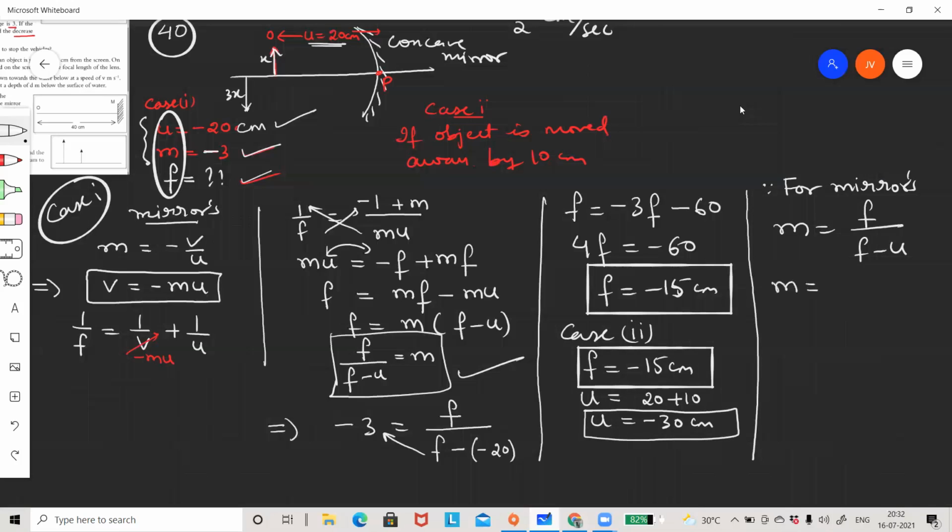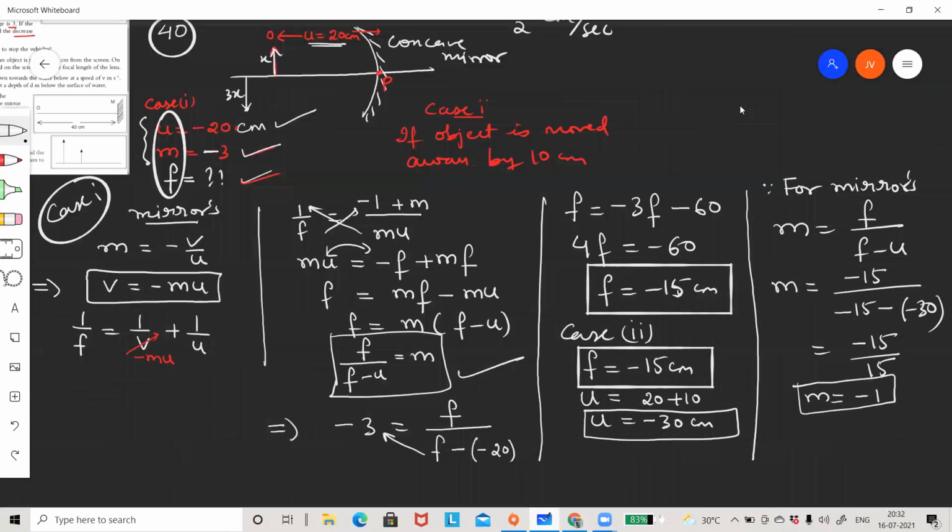So here magnification is our requirement. Magnification in the current status is minus 15 by minus 15 minus u, where u is minus 30. So this is minus 15 by 30 minus 15. 30 minus 15 is 15, so magnification is minus 1. This is the current magnification.